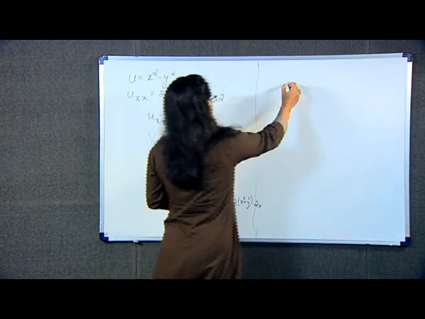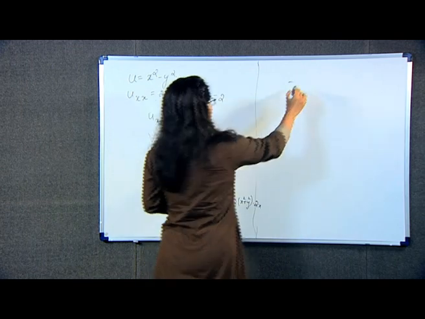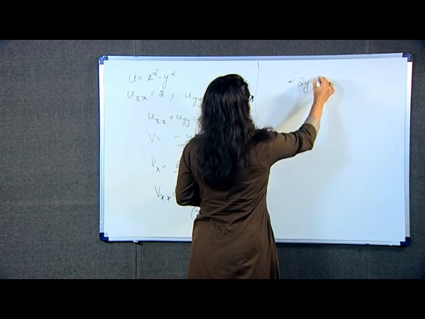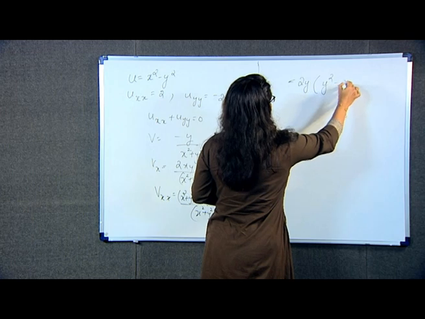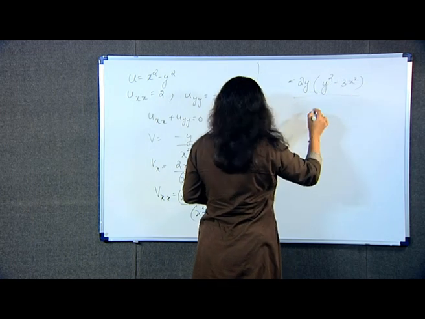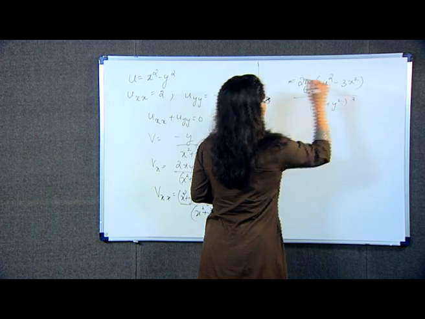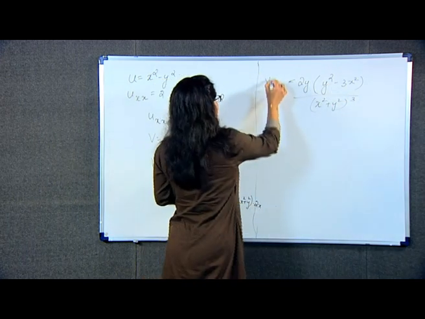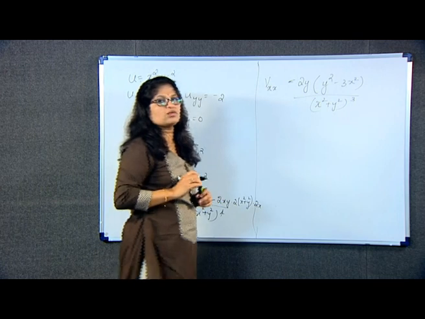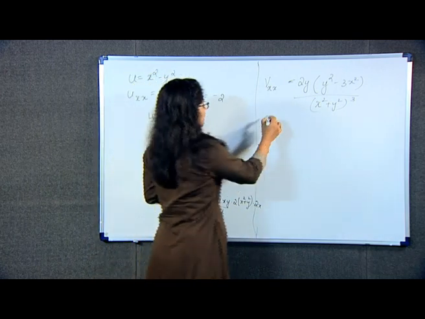So, this will be reduced to 2y into y square minus 3x square divided by x square plus y square the whole cube after cancellation. So, your second order derivative of v with respect to x is this.